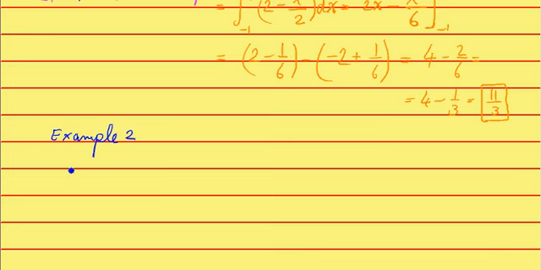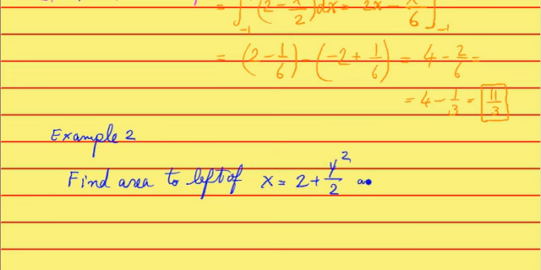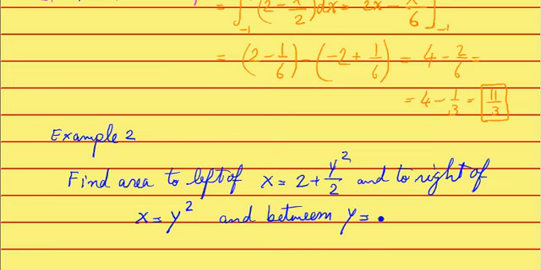Example 2, find the area to the left of x equal to 2 plus y squared over 2, and to the right of x equal to y squared, between y equal to say minus 1 and y equals 1.